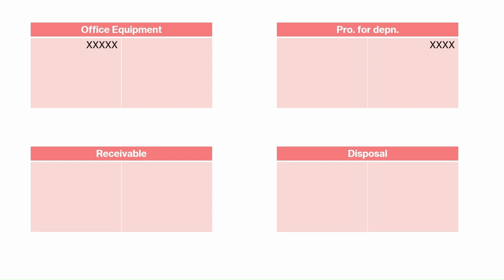When you dispose an asset, you will have to remove that asset from the asset at cost account. So to remove it, we will be using a credit entry. And if you're crediting the office equipment account, you should have a debit for that credit entry because we use double entry.